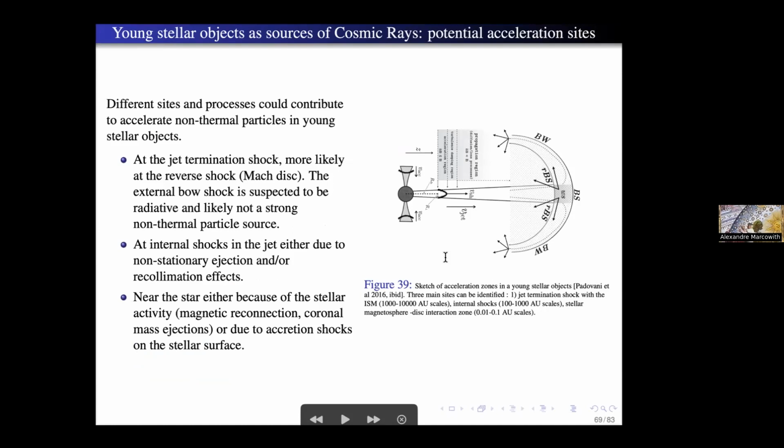If you combine VLA and GMRT, you have a nice non-thermal slope. So there is clear acceleration of non-thermal electrons there, which are radiating synchrotron. The amount of electrons you need to explain this can also help to ionize the medium locally. I don't know if I answered your question.